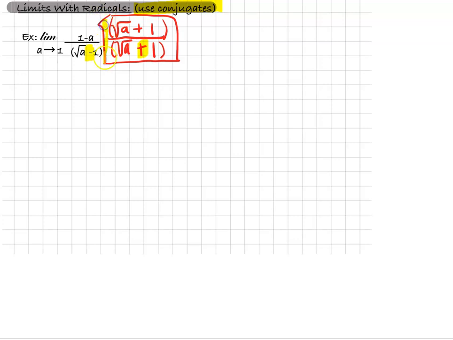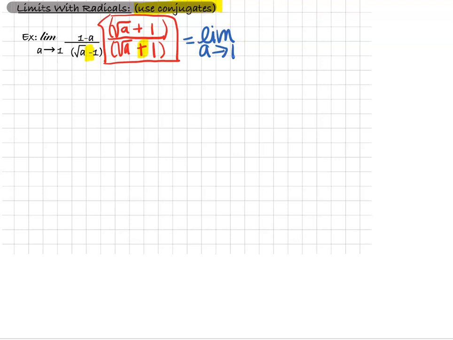And I make sure I multiply both the top and bottom so that I have a big old 1 here, and I'm not changing the value of the problem. So we're going to go ahead and multiply this out. Now we have not taken the limit, so I'm going to have to write the limit as a approaches 1 until I finally take the limit.